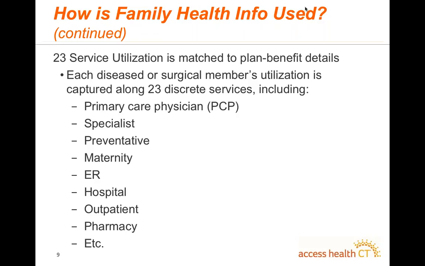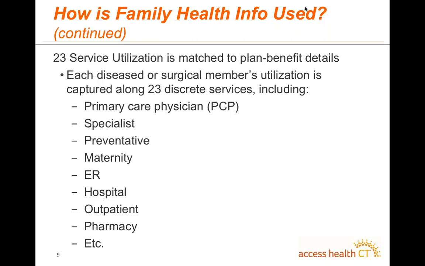The health plan selector tool, the way it uses the information that I have been telling you about, how we created a benchmark data and all that, is to be able to marry it with the item that is most important, the service, the detailed service utilization.